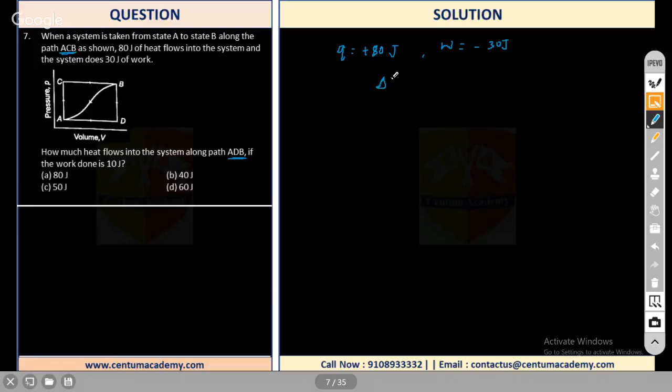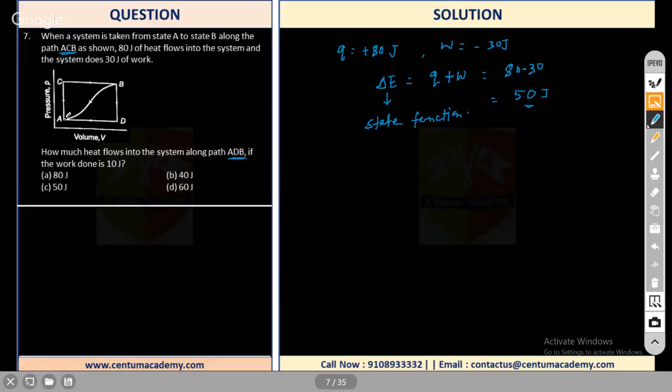So we can find out delta E over here. That is Q minus W, which is nothing but 80 minus 30. Minus minus becomes plus, if you take the convention here, and that will be 50 joule of internal energy. Now the point here is, since internal energy is a state function, when you go from A to B by path ACB, the change in internal energy is 50.